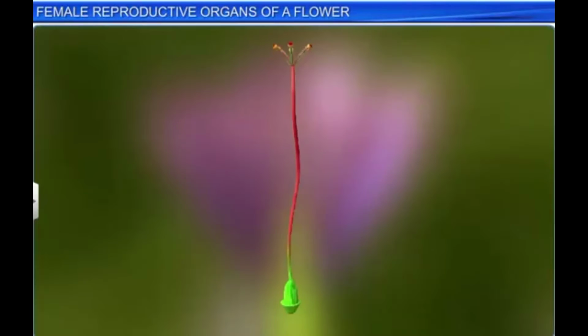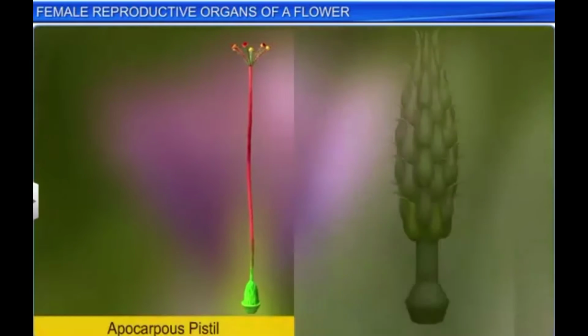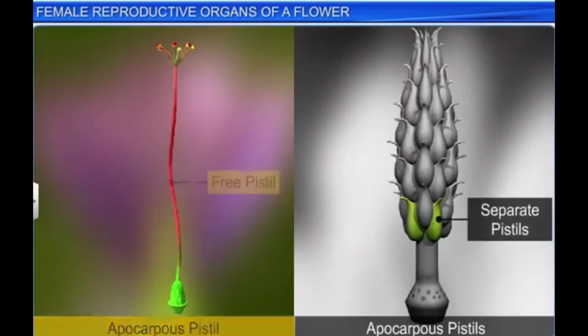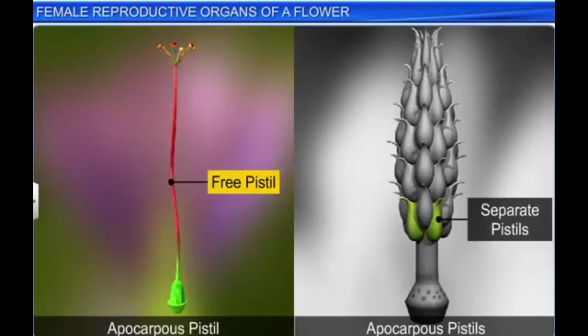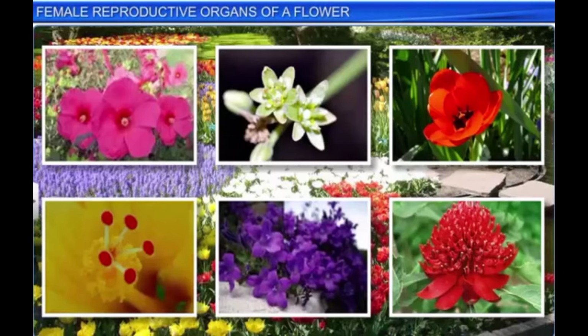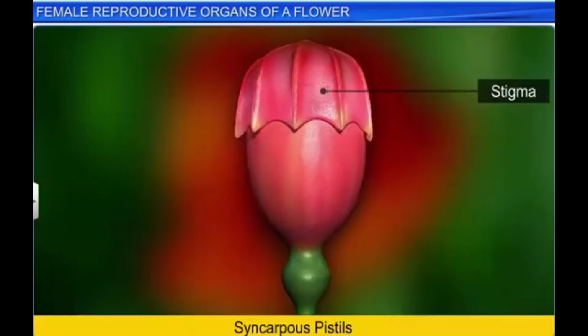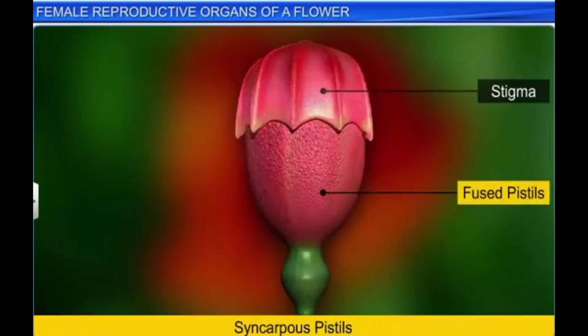Moreover, a multicarpellary Gynoecium may be apocarpous, that is, the pistils are free, or syncarpous, where the pistils are fused.